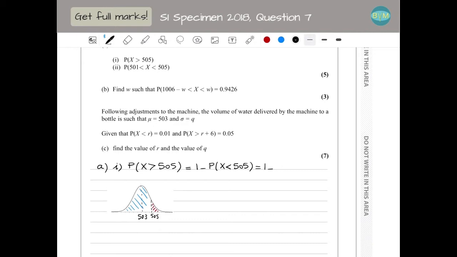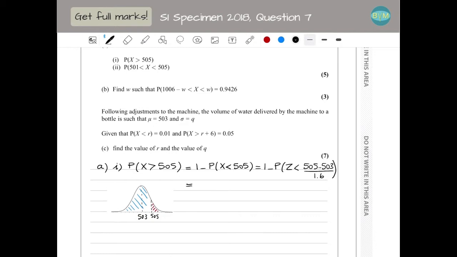So we are going to work with Z, where Z is a normal 0, 1. So Z must be smaller than 505 minus 503, which is the mean, divided by the standard deviation. Remember, we have to standardize our variable.